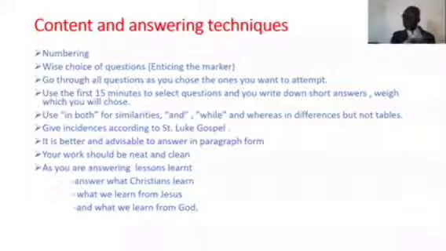So the way the question is asked, what Christians learn from the story of the choosing of the 12 disciples, the character there is Christians. What Christians learn from Jesus, the character there is Jesus. What we learn from God, the character there is God. So you're supposed to repeat yourself, God, God, God, until the end. So that is content and answering techniques that I've tackled.